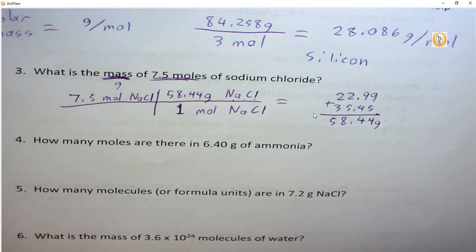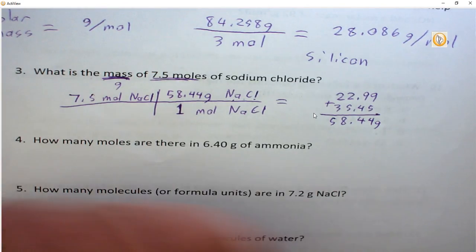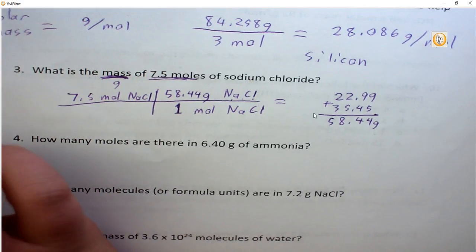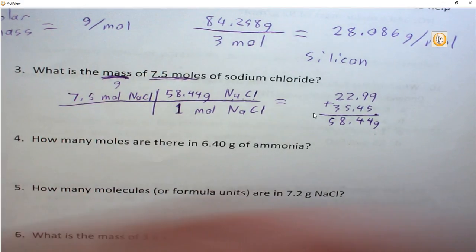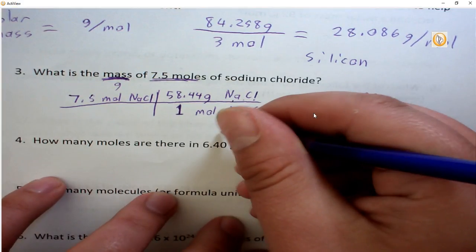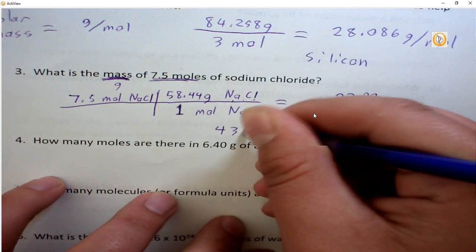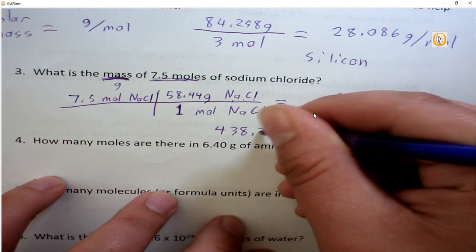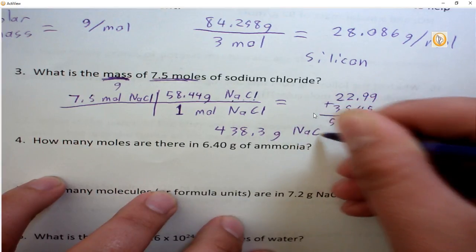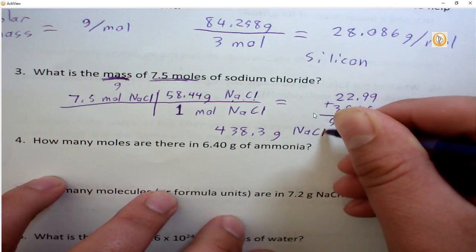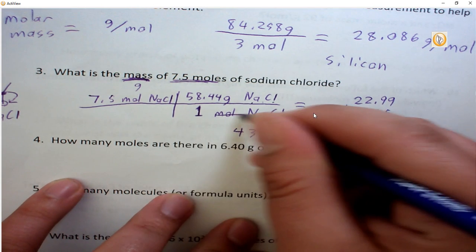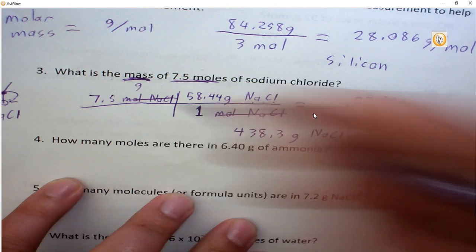Again, we multiply it out, so it should simply be 7.5 times 58.44, and that would give us 438.3 grams of NaCl. If you're ever not sure of your unit, guys, you can always go back and cancel out anything that needs to be canceled out.